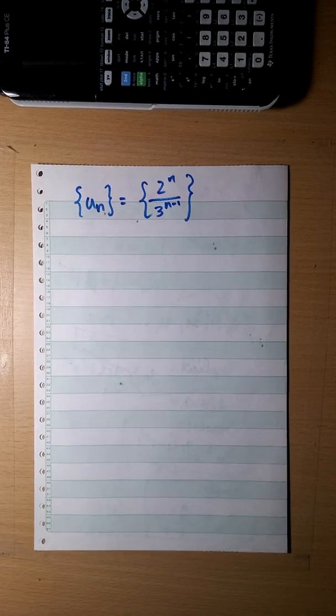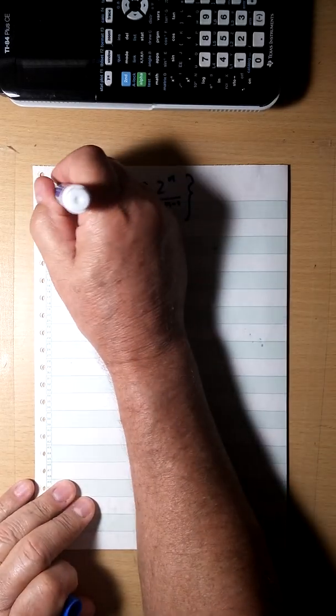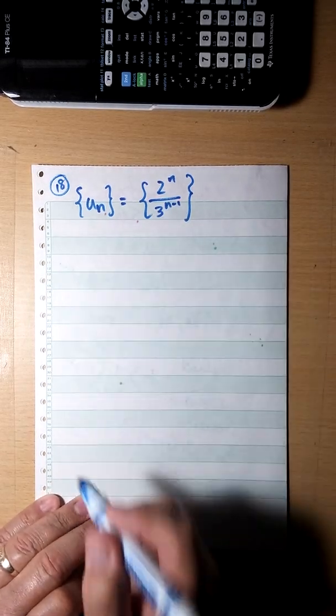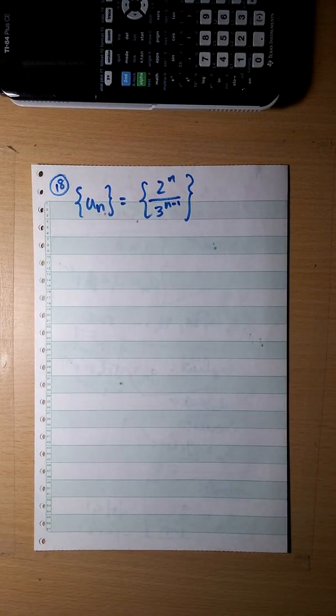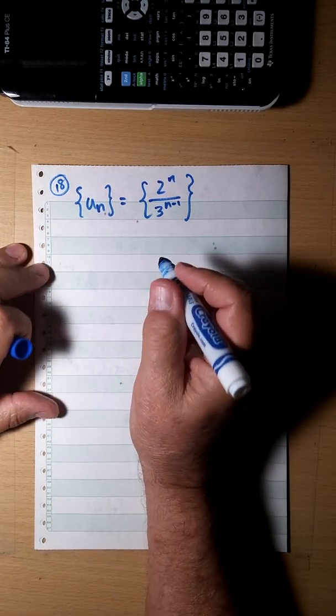So if we take a few of these examples. So here's one. This is problem number 18 in this section. It says we're supposed to write the first four terms. That's the last thing, but we're going to do that first. Find the common ratio. And this is geometric, but we'll make sure of that.